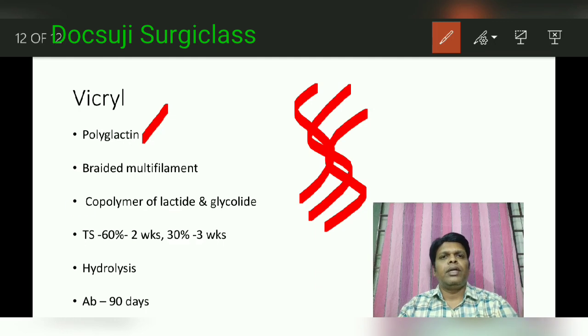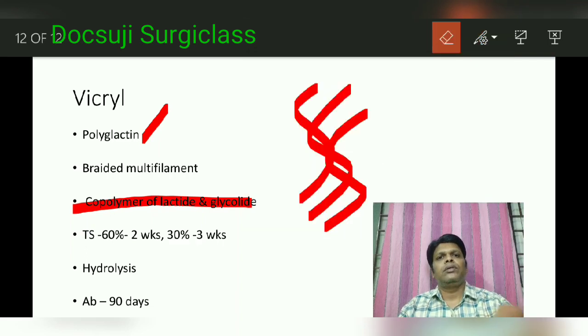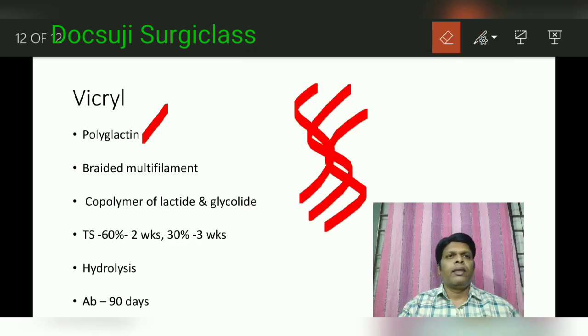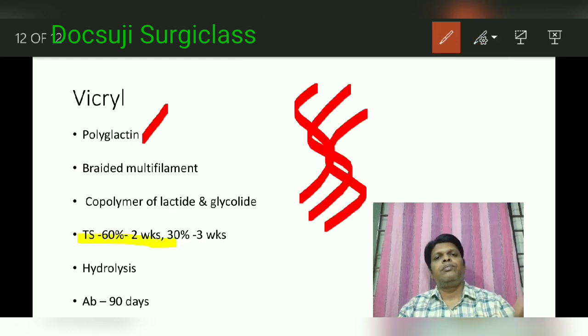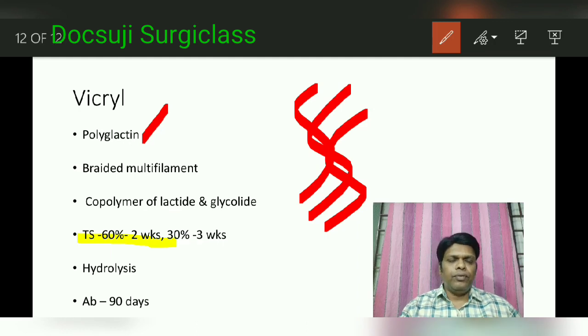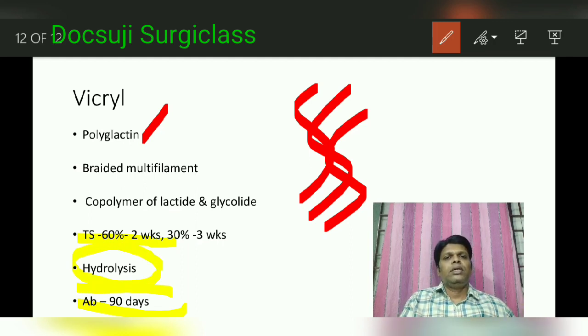It is basically a copolymer of lactide and glycolide. If you see the tensile strength, it is 60% and will be there up to 2 weeks, and over the next 3 weeks only 30% of tensile strength will remain. The absorption period, already discussed, is 90 days. And the mechanism in synthetic material, the absorption mechanism, is by hydrolysis.